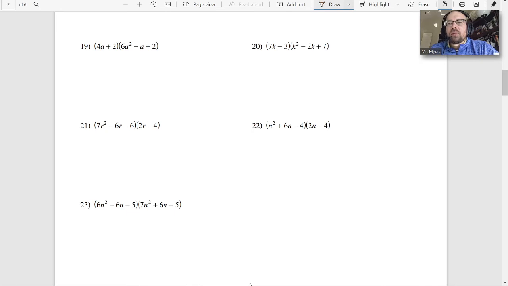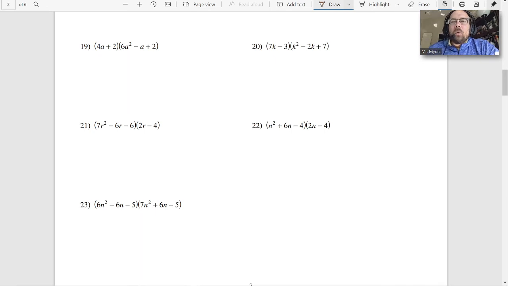That's what's going on here for number 19. 4a can be your dad, and 2 can be your mom. And then for the other parentheses, let's say 6a squared is their dad, minus a is their mom, and the positive 2 is the concerned older brother.